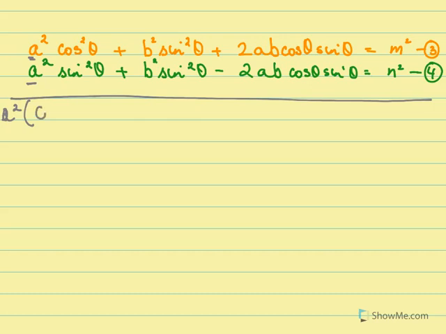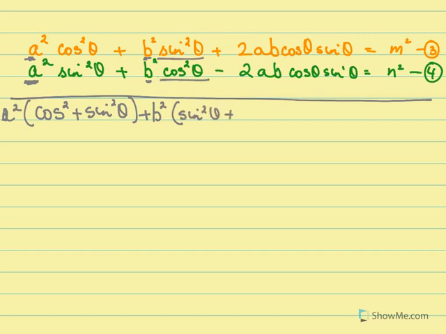So if I take a square common out, what remains inside is cos square plus, here I'm adding, it's not changing sign, cos square plus sin square. One thing done. Now here I'm taking b square common out. What remains here is sin square theta plus cos square theta.